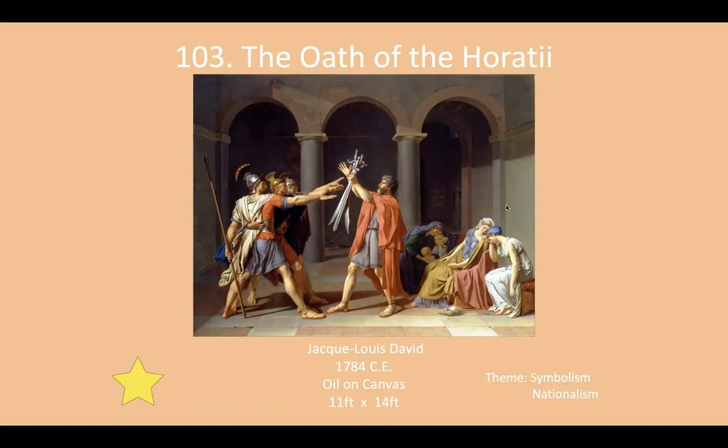All right. This is probably one of the most famous neoclassical paintings. It is located at the Louvre. It's giant. It is 11 feet by 14 feet. It's huge, right? And what you're looking at is Jacques-Louis David, that's his name. And David loved Caravaggio, loved his work, loved to study Caravaggio, huge fan of Caravaggio.